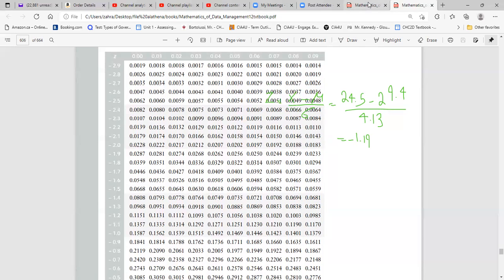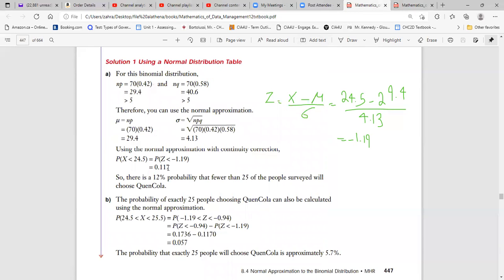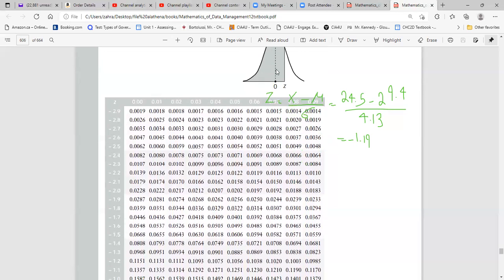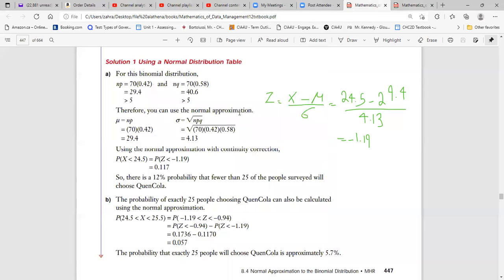Since this is the area less than that value, I don't need to do anything further. That's the probability, 0.117, or approximately 11.7%, which rounds to 12%.